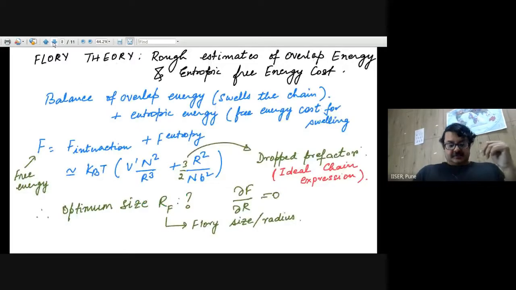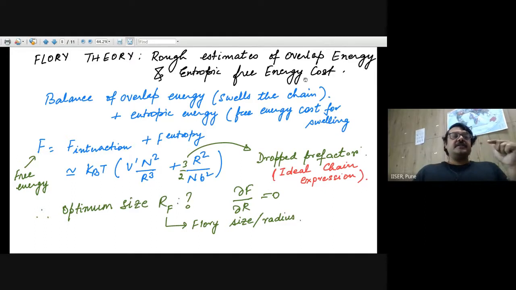And the Flory theory basically does a rough estimate of the overlap energy, which is exactly what we did. Before that, we had been discussing the entropic free energy cost.